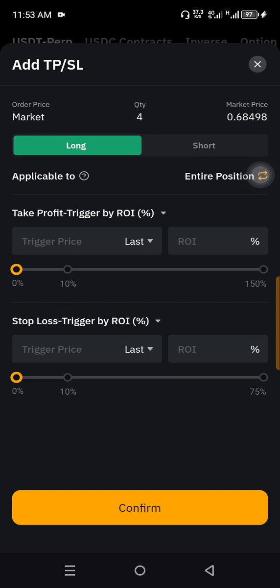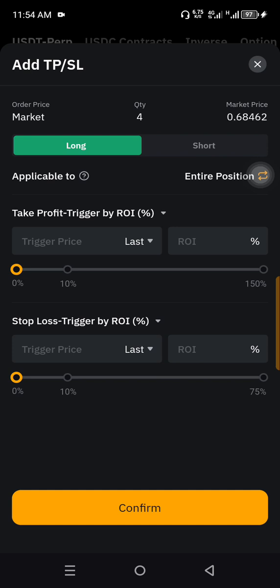Do you get me? If you enter the market and the market is so good, and you set your TP as in take profit at 100%, what I mean here is, if my profit is reaching the dollar amount that I entered the market with, I don't need another profit beyond 100%.